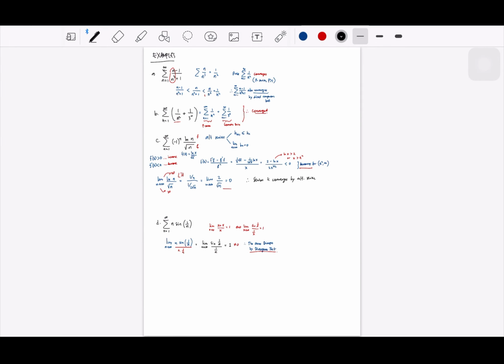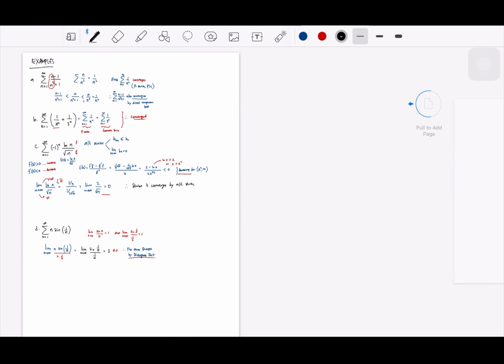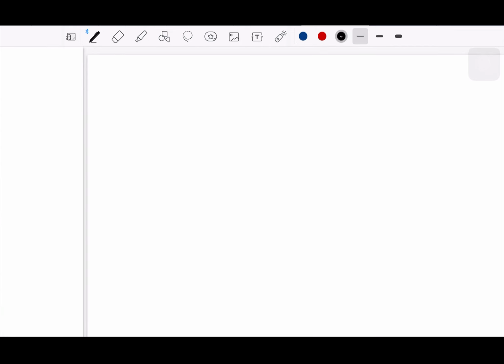Now we are moving to another section, which is called the power series. The power series will be related to the ratio test that we did at the beginning of the class. Let me start with the definition first.